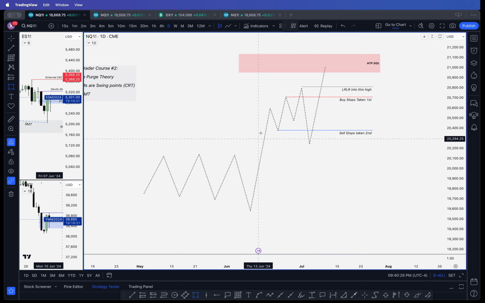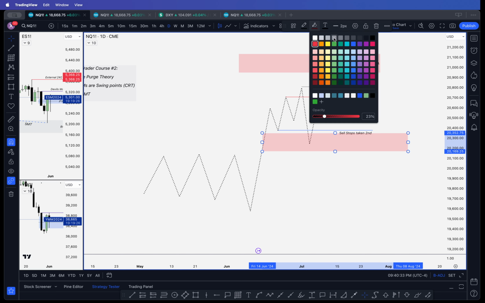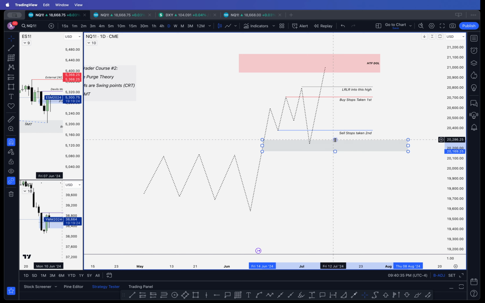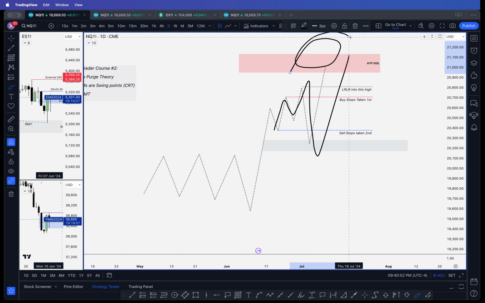And there is an array of interest at the area of the double purge. So without an array of interest at the area of the double purge, buy stops, sell stops, and then we go into the higher time frame draw. And without a higher time frame draw, this mechanism of broadening the formation of the price run before delivering to the draw on liquidity is less meaningful.